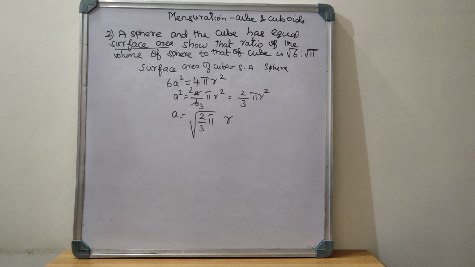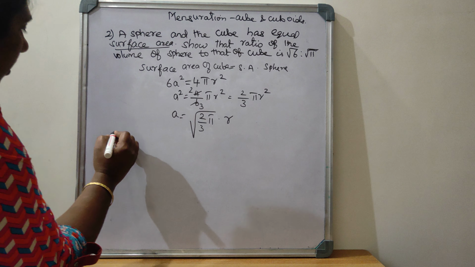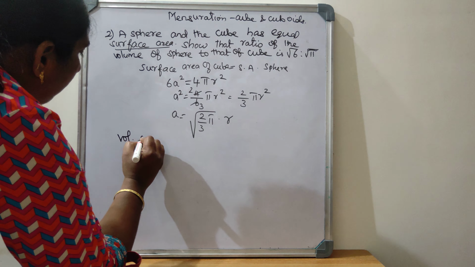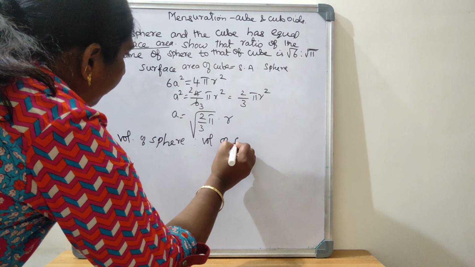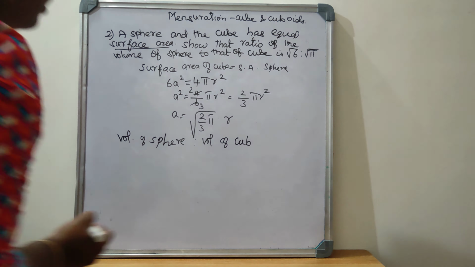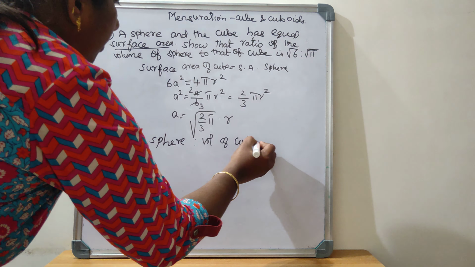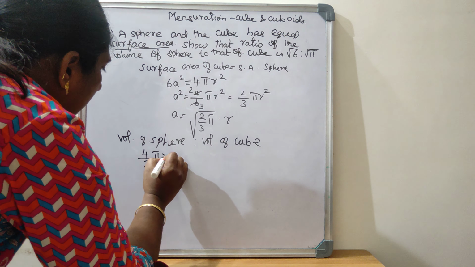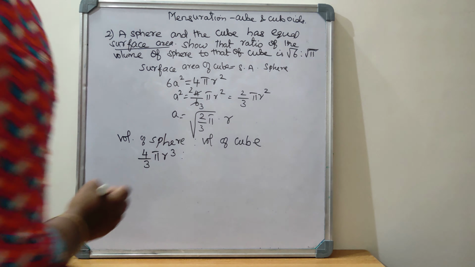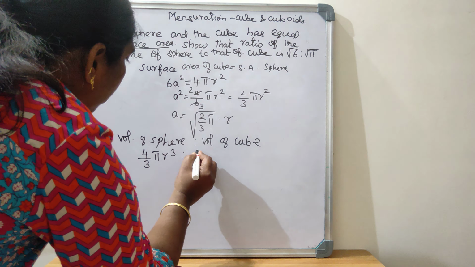Next we are going to solve the volume of the sphere, ratio volume of cube. Volume of the sphere is 4 by 3 pi r cube, and volume of the cube is a cube.